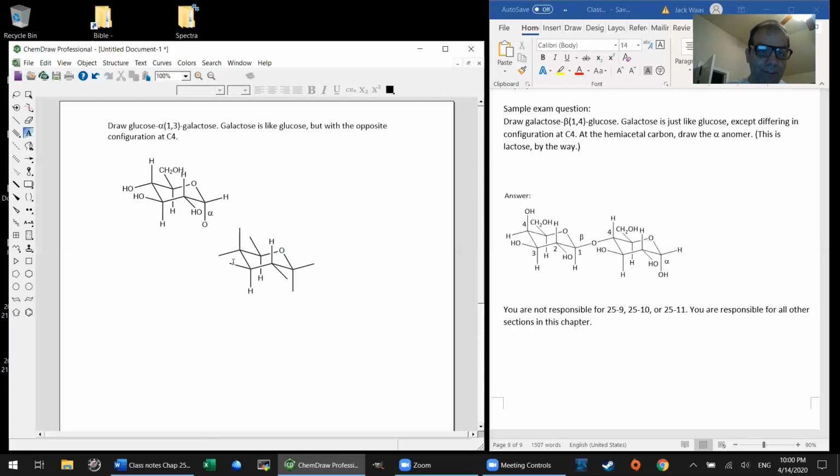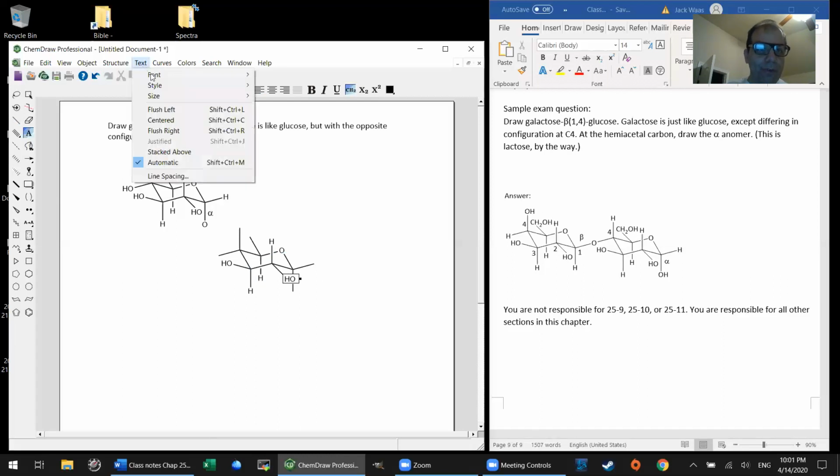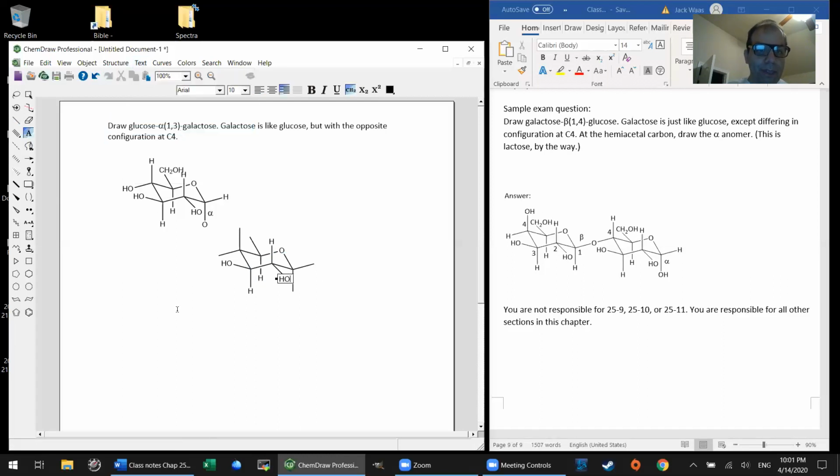My OH's will be equatorial on carbon 3, also equatorial in carbon 2, but on carbon 4, that'll be axial. And so I'll have a hydrogen over here. And of course, I've got CH2OH over here also.